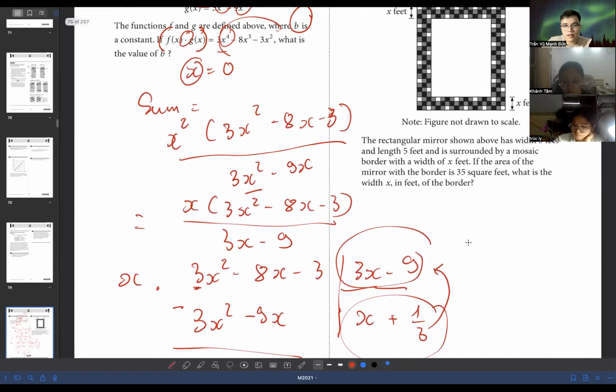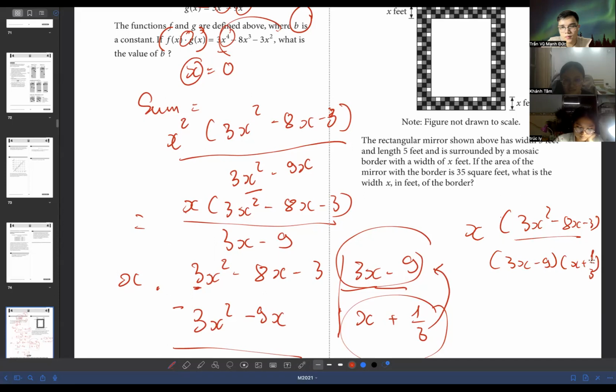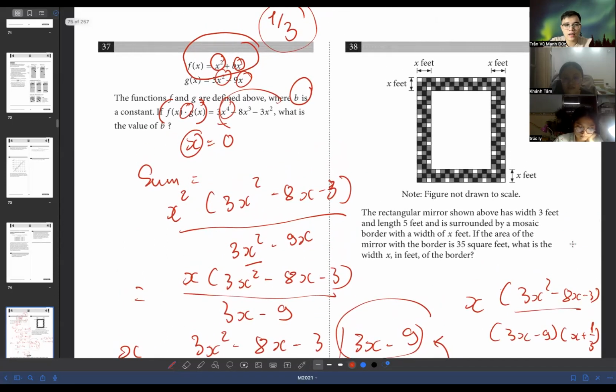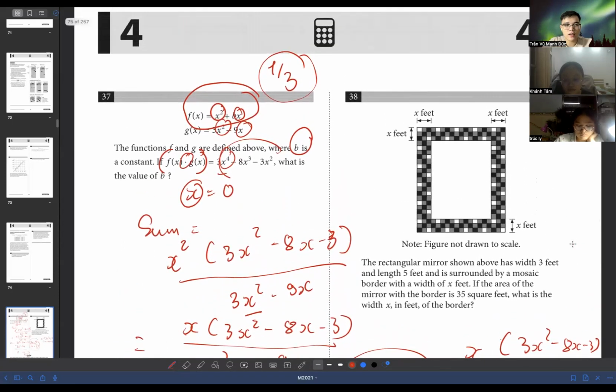So you get x times (3x squared minus 8x minus 3) over (3x minus 9) equals x plus 1/3. As you can see, I have divided by x.